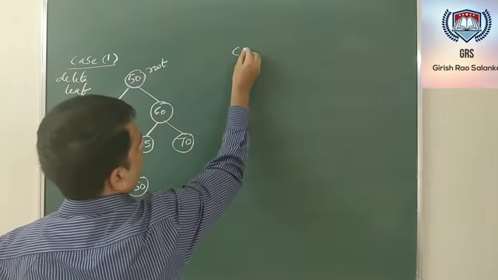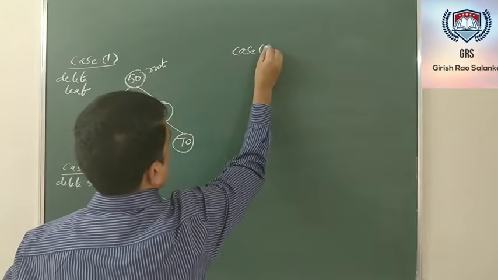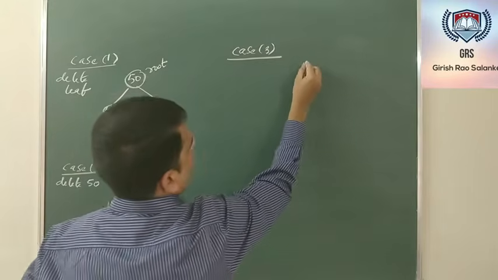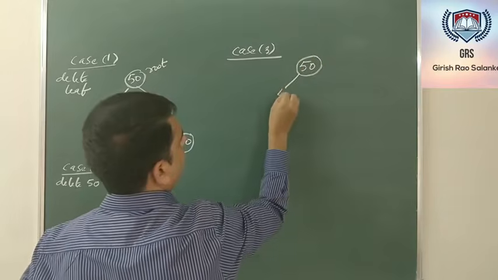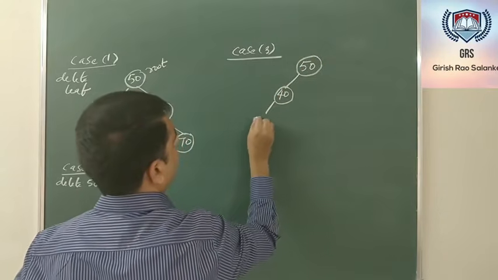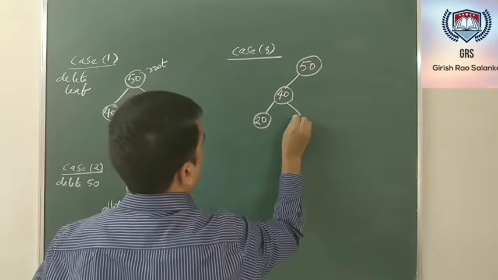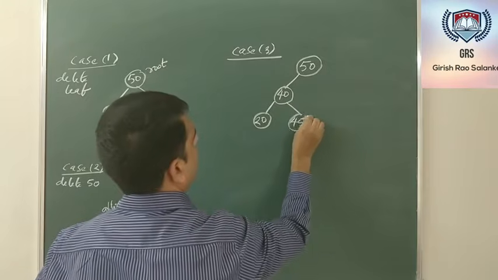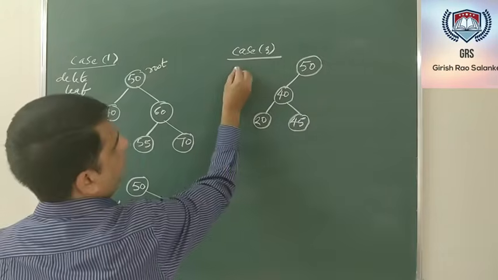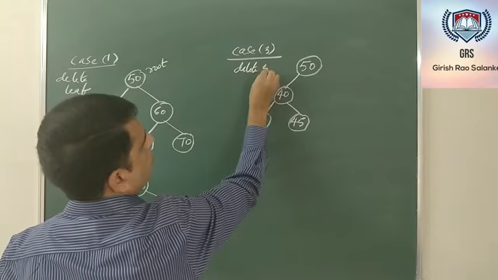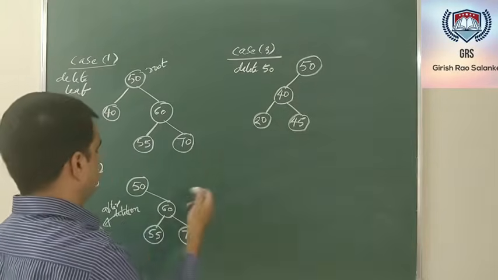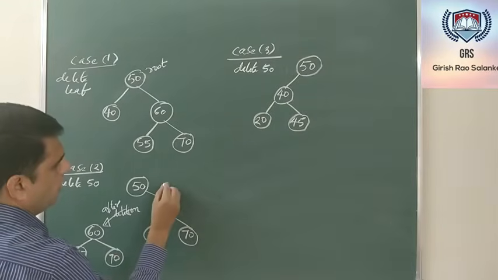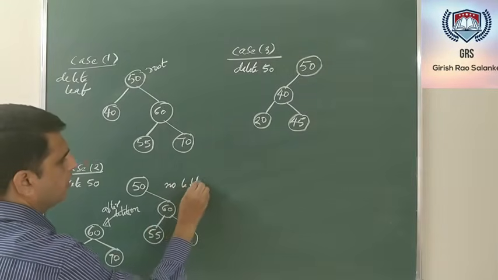Case 3, let me put one more case. Let me assume that 50 is the node to be deleted. Here also I will assume that I want to delete 50. Earlier I assumed no left subtree was there.